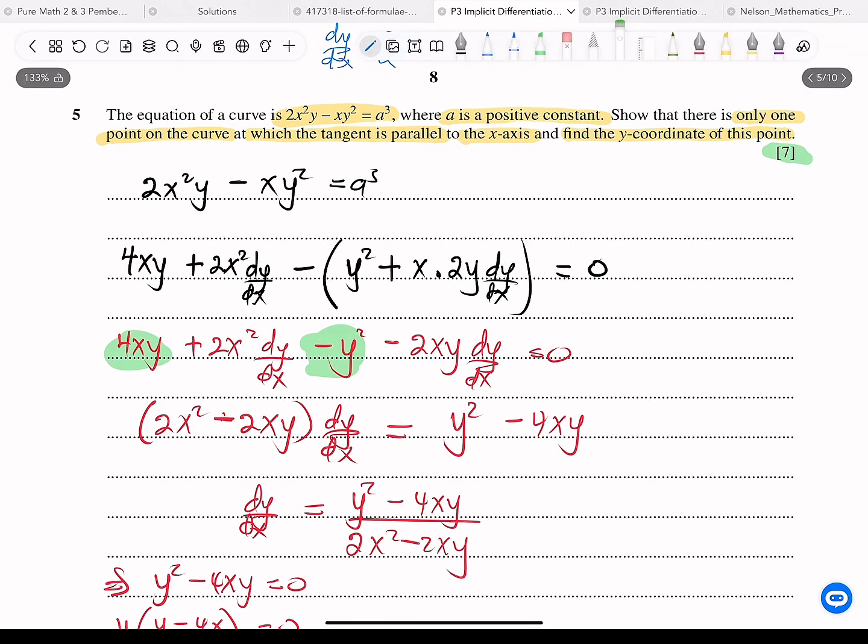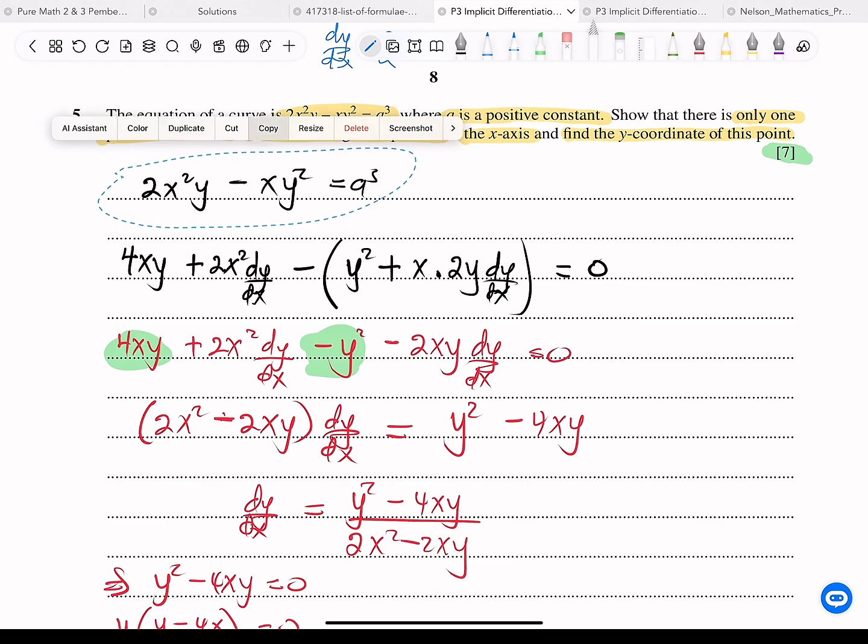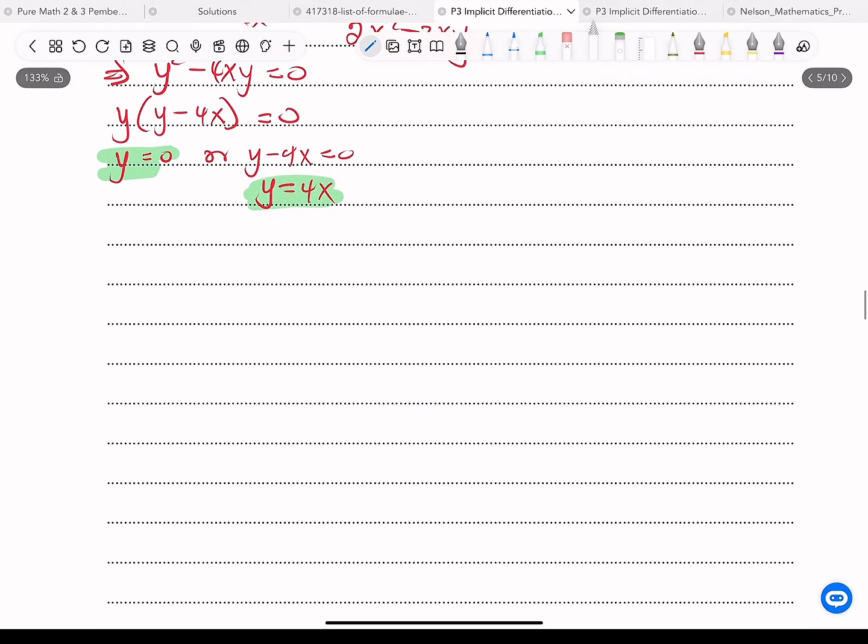Now, let's copy the main equation, because we are going to solve it simultaneously with it. Let's paste it right here. So let's start with when y equals 0.